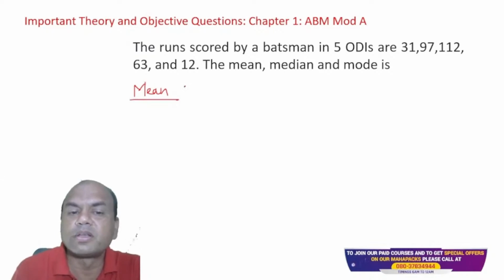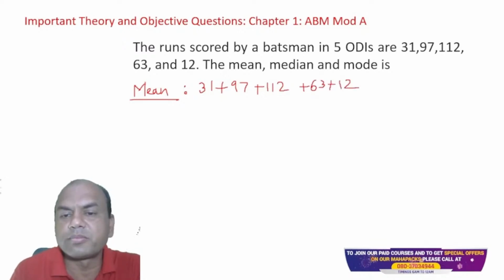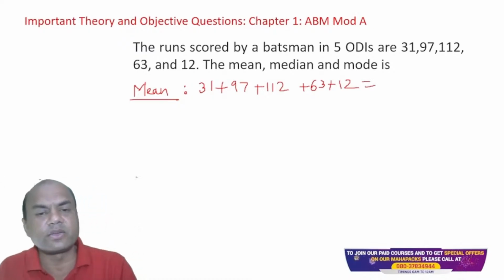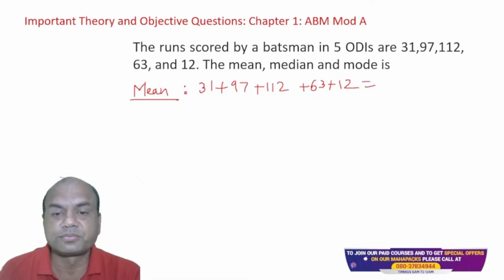Mean means what? Addition. Do the addition, everyone. 31 plus 97 plus 112 plus 63 plus 12. Add all of them. What is the answer you're getting, guys? Let me also try.